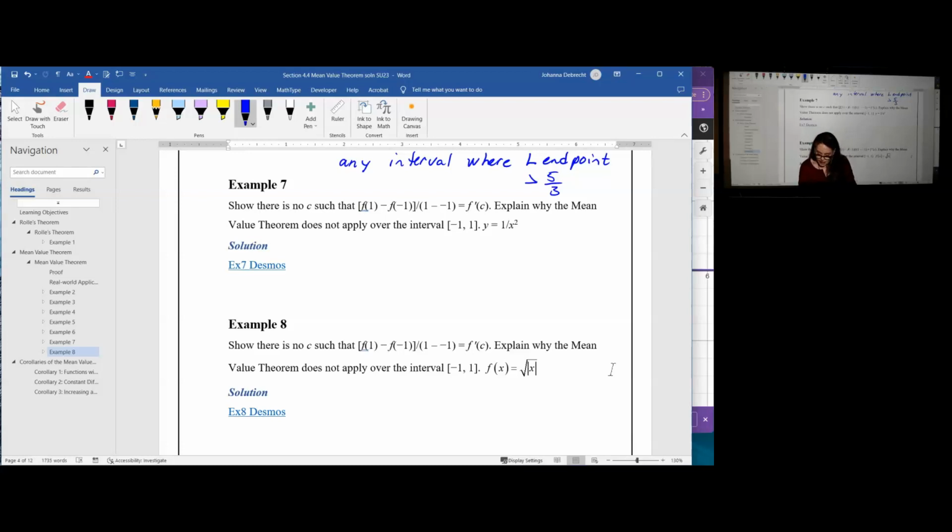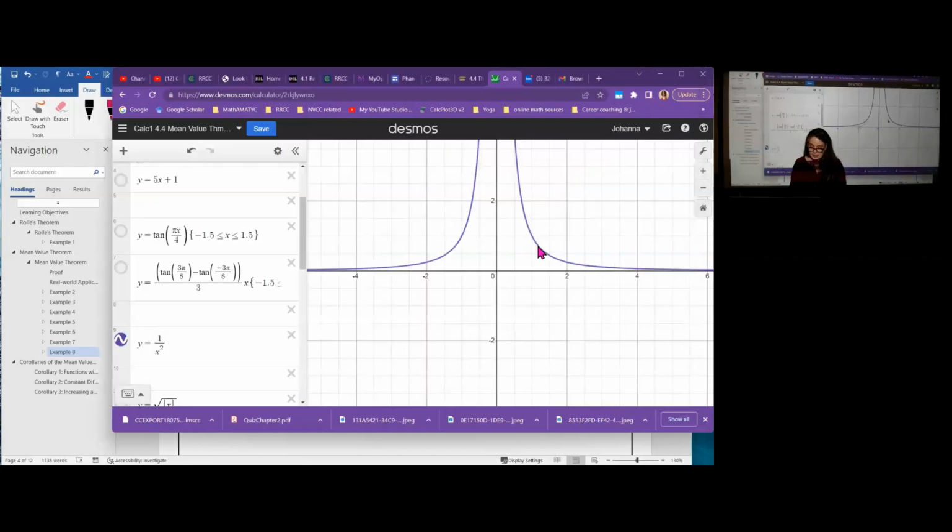We can only apply the mean value theorem from some subinterval between -infinity to 0 or greater than 0 to another number. We cannot include 0 because the function's not defined there, which means it's not continuous there. This is why the mean value theorem does not apply. And you can see again that we lack continuity and differentiability on the interior of the region.